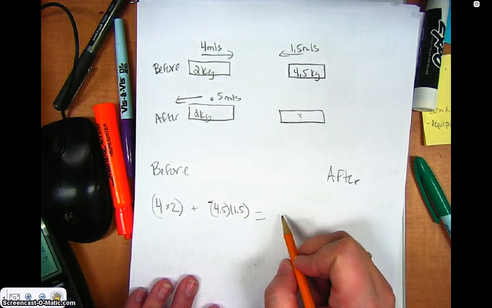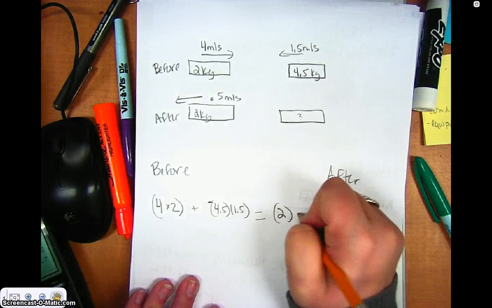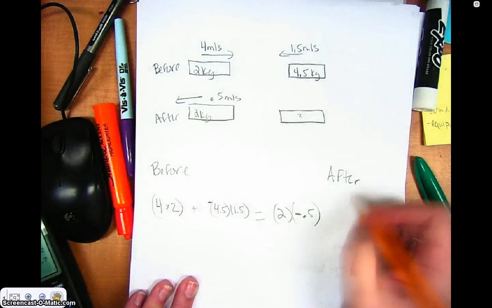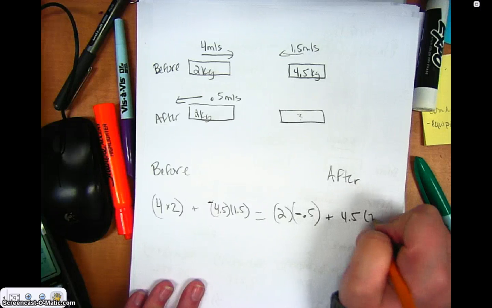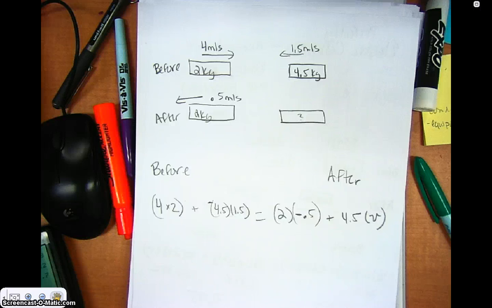And then over here, we have this guy, 2 kilograms, is now also negative 0.5 meters per second because it's going to the left. And we have the mass of this guy, and we want to know what is his final velocity. Right? So 4 times 2 is 8. 4.5 times 1.5 is 6.75.